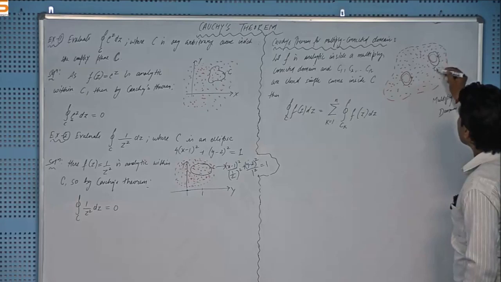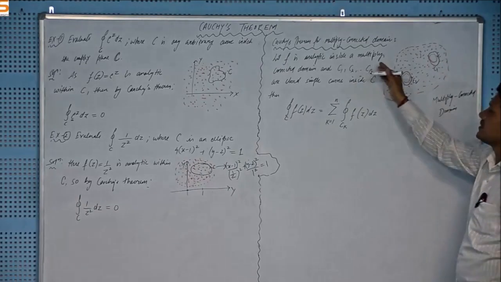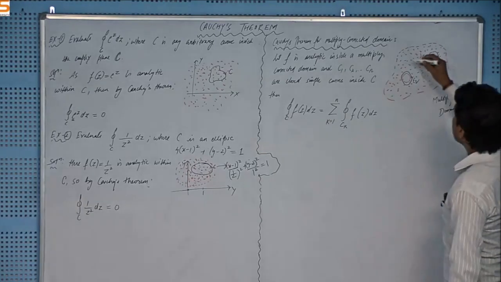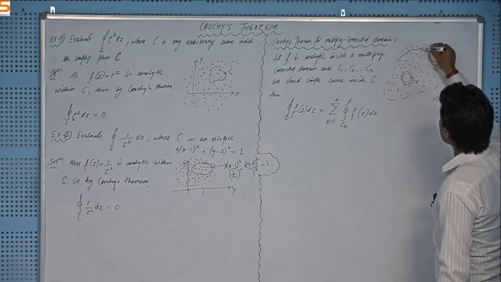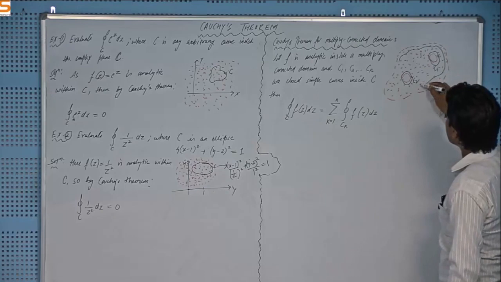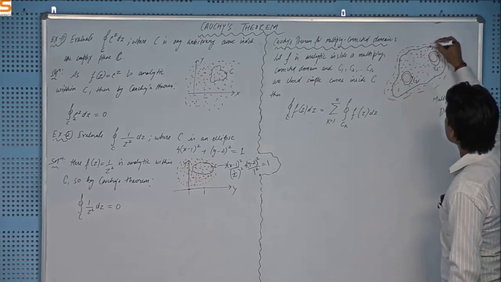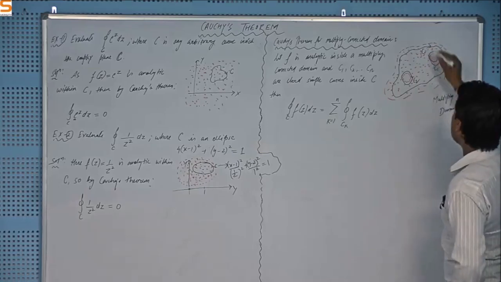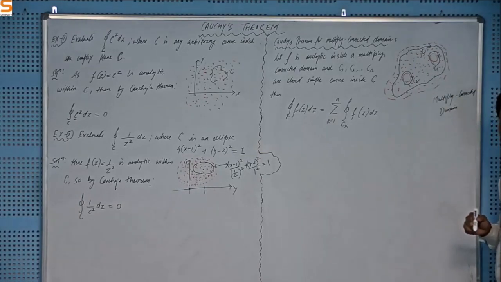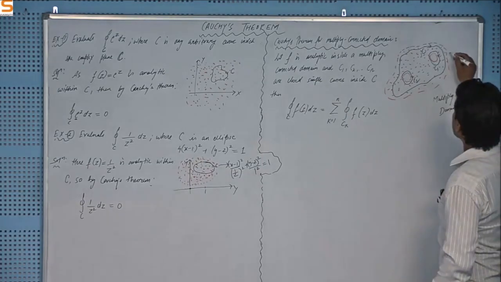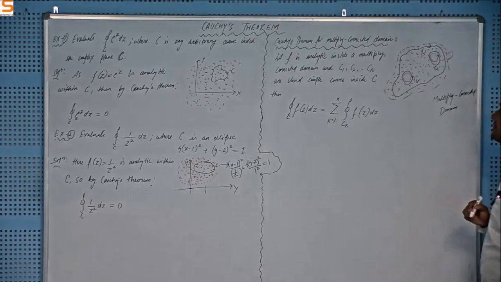This is C1, this is C2, and similarly you can draw C3, C4 up to Cn. I have drawn only two holes, and C is the curve here like this. This is C, and the red region is the domain D, a multiply connected domain D.